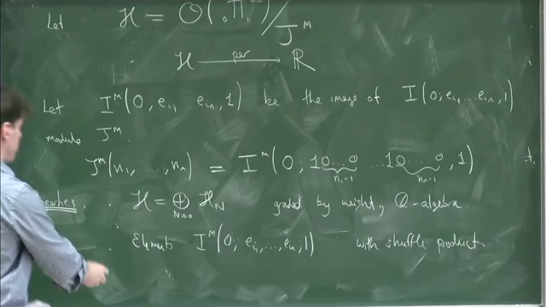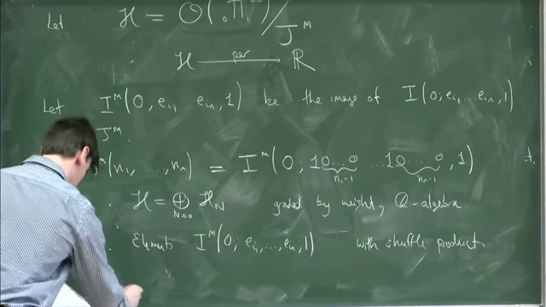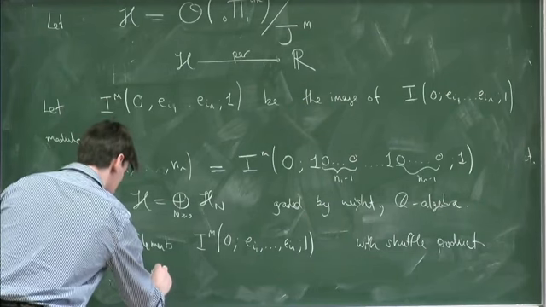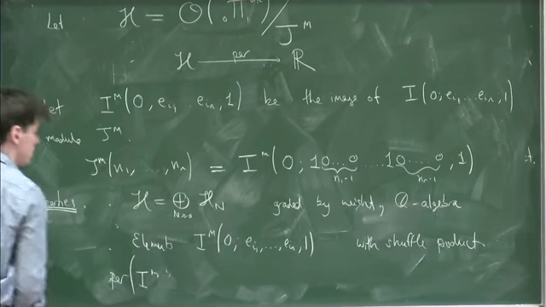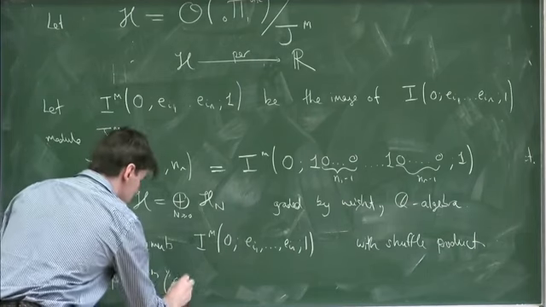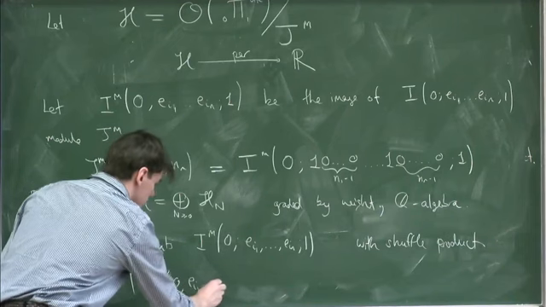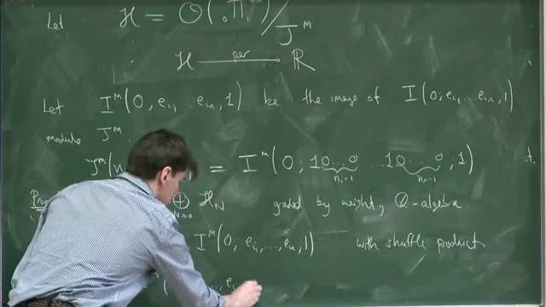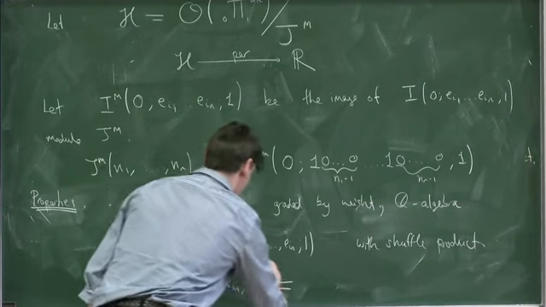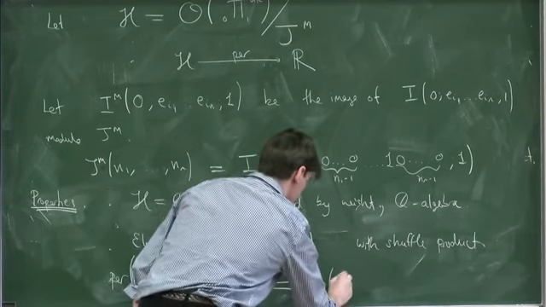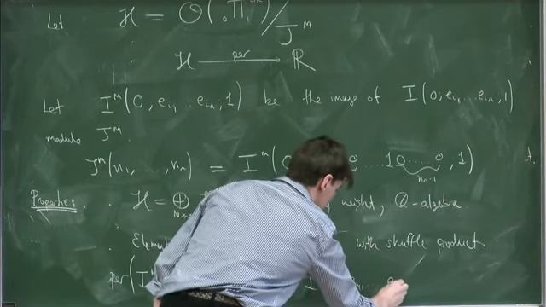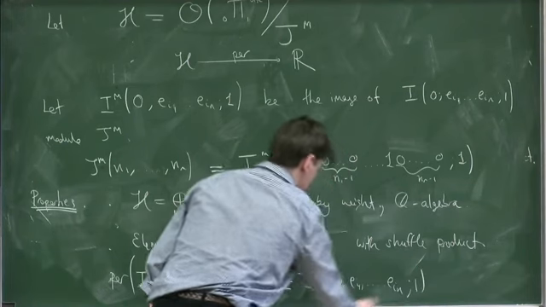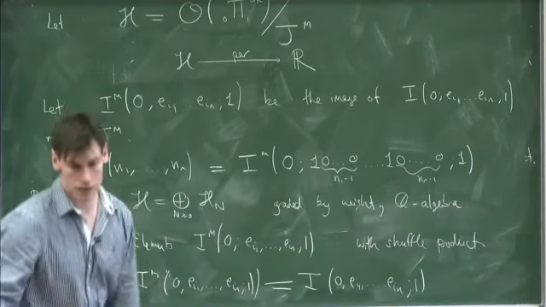Then we have the period map. I've already written it. So the period map sends this motivic iterated integral to the actual iterated integral, again by definition. Sorry, I didn't give this notation.